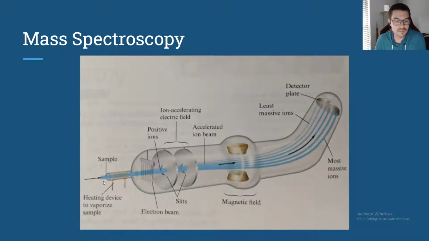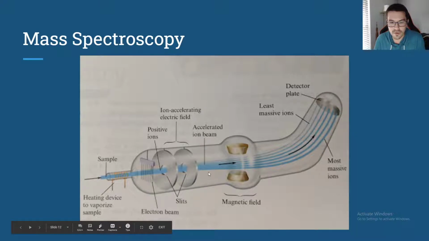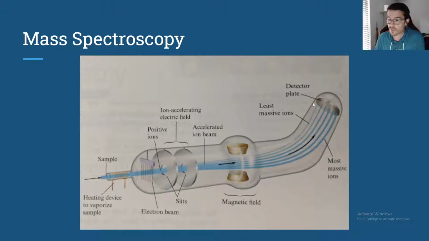Okay, so this blue stream of material here is an element that's being sent through. It's one element, a pure element, that's being sent through a vaporizer and some ion accelerating stuff. This is all really not that important. All you need to know is that this blue beam is all one element. It may contain, and based on what we see here, it does contain different isotopes of that element.